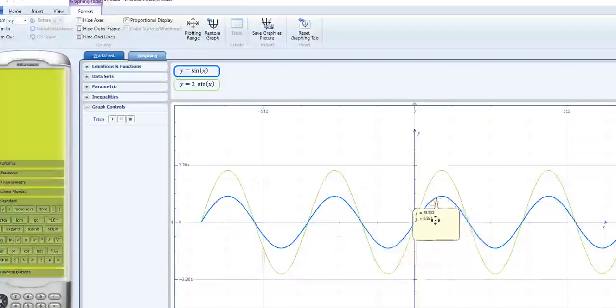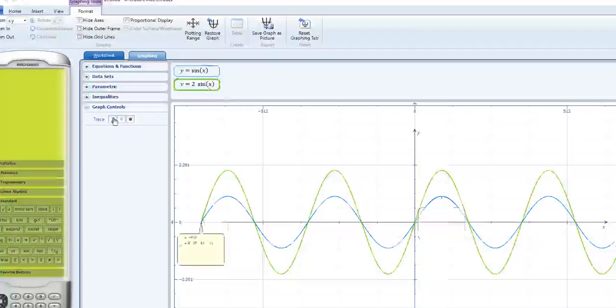As you can see, at this point where x is close to 90 degrees, y will be 1. And if we trace our other graph, at that point y will be 2. The 2 sine x graph will always be double the sine x graph.